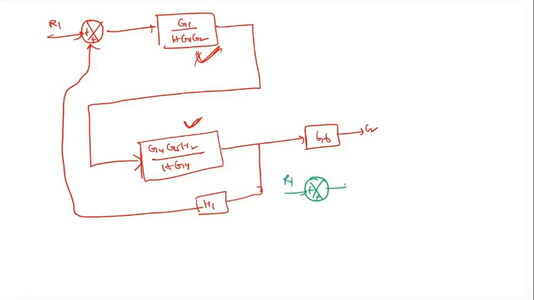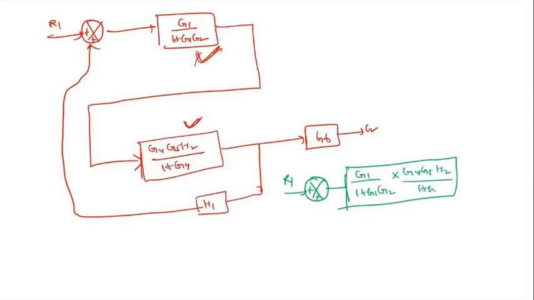Therefore I'm going to write one block: G1 by 1 plus G1 G2 into G4 G5 H2 by 1 plus G4. Here G6 is there, right? C2. Then in between, this junction point is there, H1 is there, which is connected here, right? Almost the problem is finished.